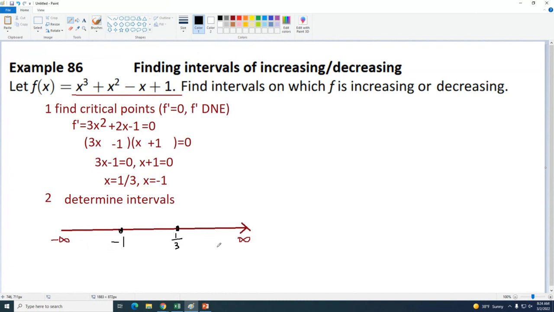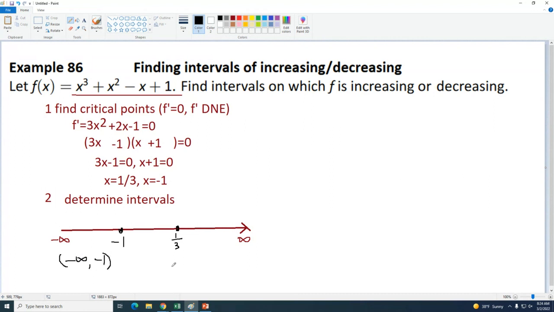Okay, so these two critical points are like knives. Right now you make two cuts. 1, 2. Two critical points. You make two cuts of the whole number line. And that's cutting the entire number line into 3 parts, right? So that's 1, 2, 3. The one on the far left is the interval -infinity to -1.